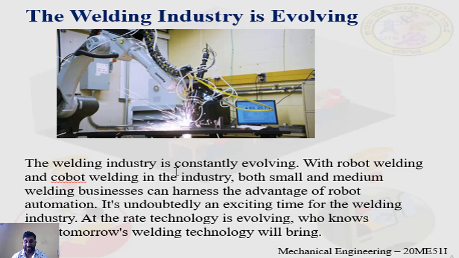The welding industry is constantly evolving. With robot welding and cobot welding in the industry, both small and medium welding businesses can harness the advantages of robot automation. It's undoubtedly an exciting time for the welding industry. At the rate technology is evolving, who knows what tomorrow's welding technology will bring.